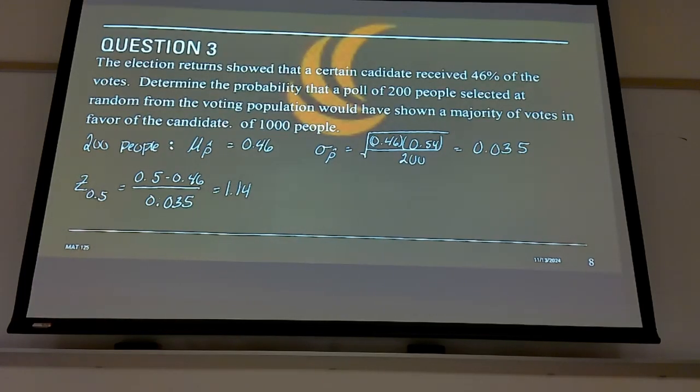You mean how did you get to 0.5? Because it needs to be more than half, 0.5. What does it mean to get a majority of votes? You get more than 50%. Right? If you have more than half of something, you have the majority of it, right?